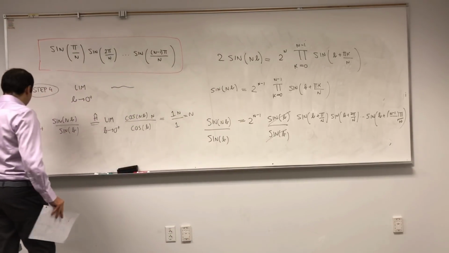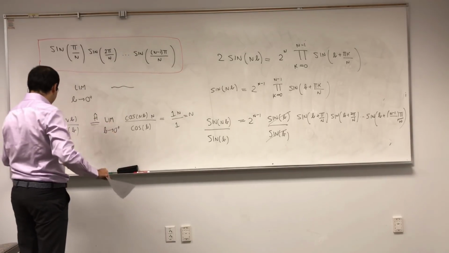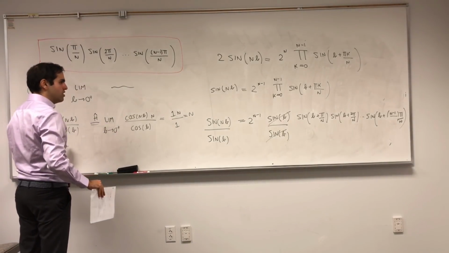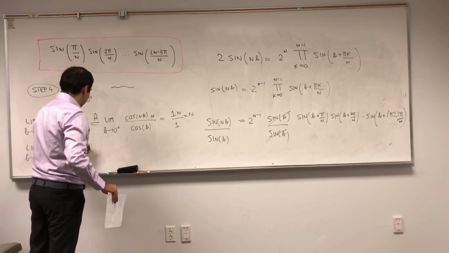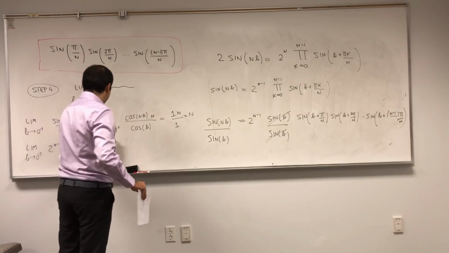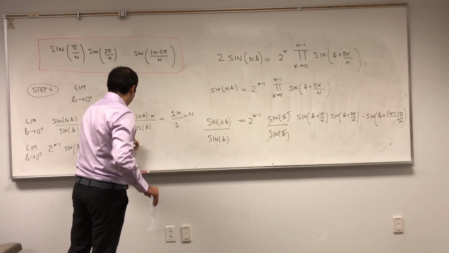And then the limit as b goes to 0 plus of this thing, 2 to the n minus 1, sine of b plus pi over n, dot dot dot, sine of b plus n minus 1 over n pi.